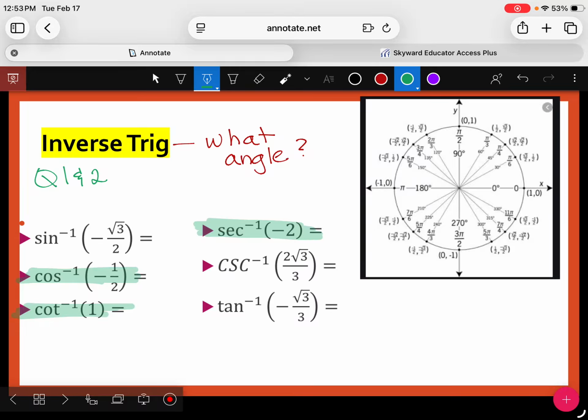Okay. The other 3, I'm going to highlight purple. Those are in quadrants 1 or 4. So that's really important that you know where we're looking. Okay. So let's start off with the first one in this column here.